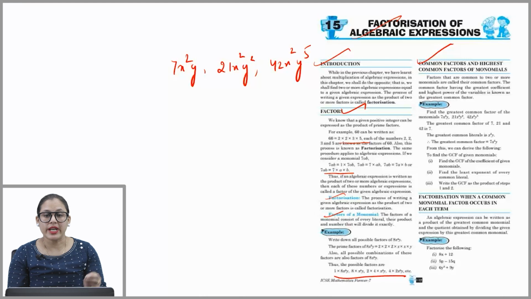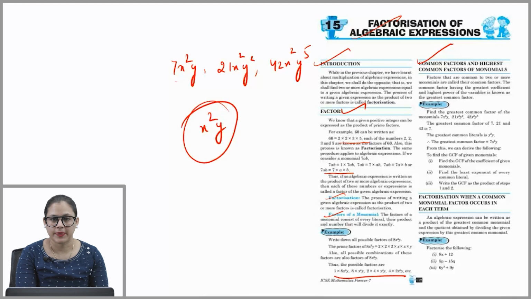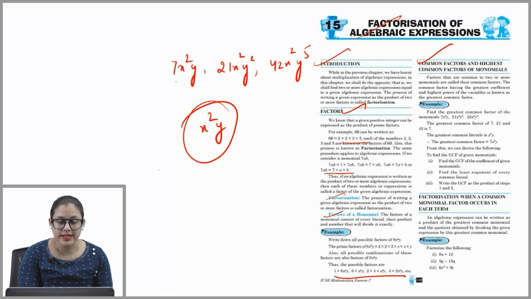The greatest factor of 7, 21 and 42 is 7. And the greatest common literal is x square y. Therefore, the greatest common factor is 7x square y.